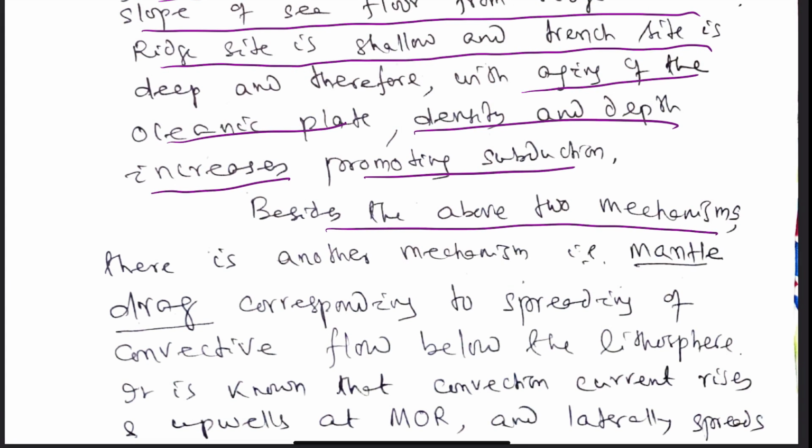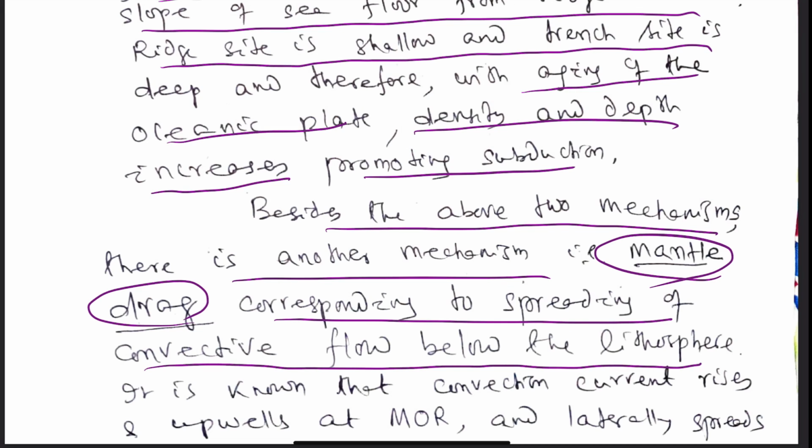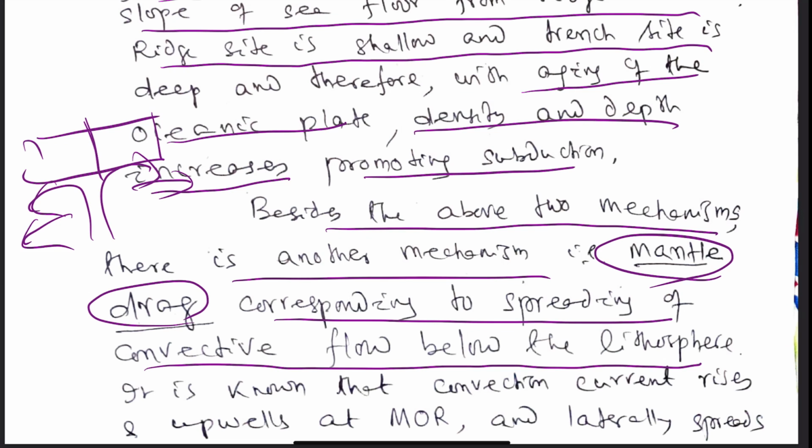Besides the above two mechanisms, there is a third mechanism, that is mantle drag or the convection current, corresponding to the spreading of the convective flow below the lithosphere. So, if this is the lithosphere, the convection current causes the plate to be lifted and plates to be drifted.